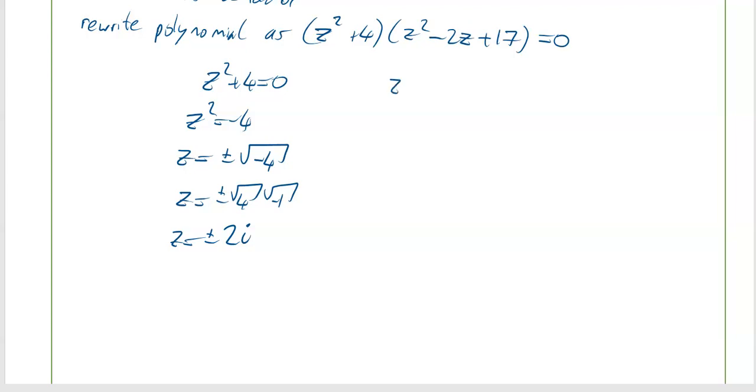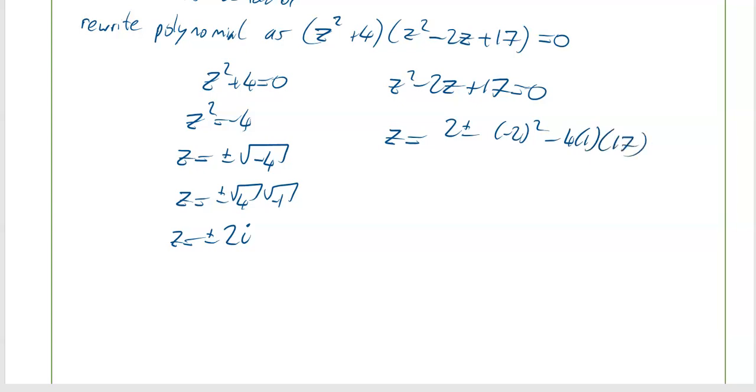And this one, we're going to put z squared minus 2z plus 17 equals 0. And I'm going to jump to my quadratic formula just straight to it to do this one. z is equal to 2 plus or minus the square root of brackets minus 2 squared minus 4 times my 1 times my 17, all divided by the 2.